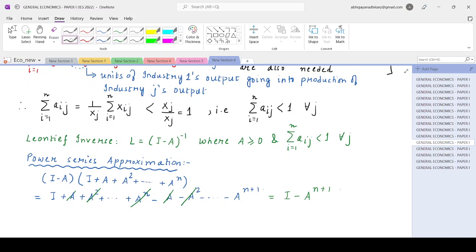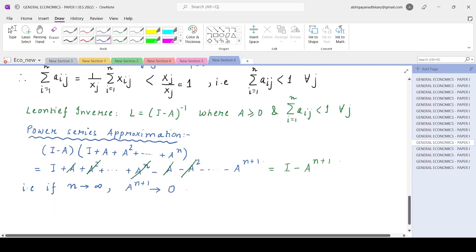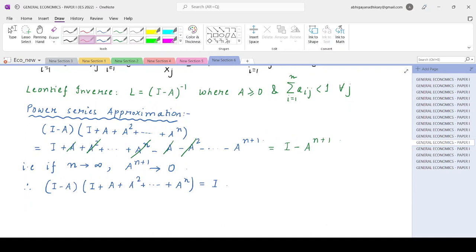Now observe one thing, since all the elements of A are positive and summation i running from 1 to n aij is less than 1 for all j, if for large n, that means a large number, n tends to infinity, then actually A to the power n plus 1 tends to 0. Then what will happen? Therefore, (I minus A) times (I plus A plus A square plus dot dot A to the power n) is simply I. Now, do you understand what we are doing?